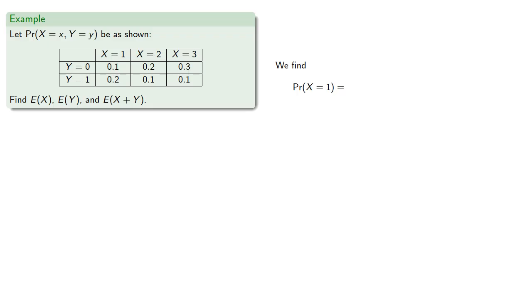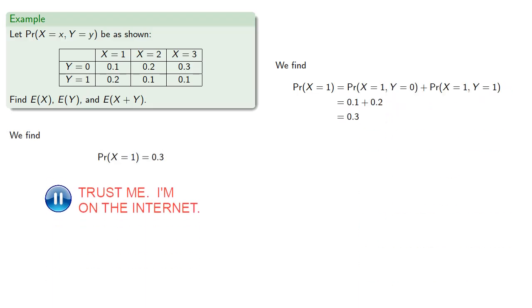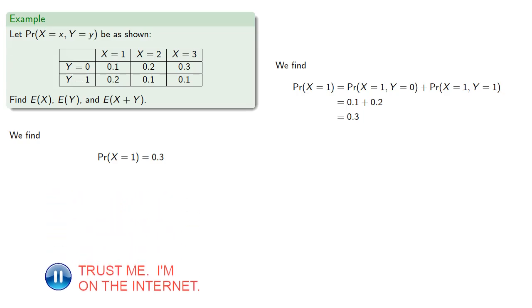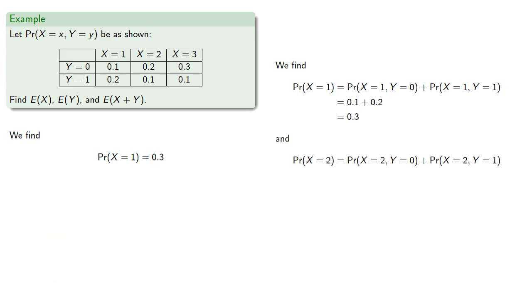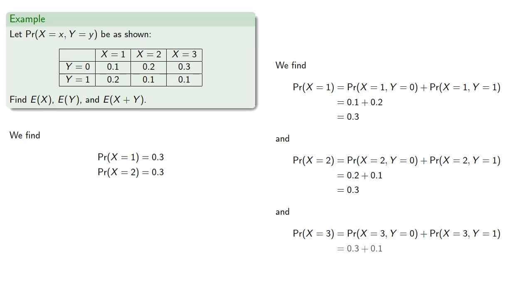And so those will be, and we find, for x equal 2, the outcomes that have x equal 2 are, and those probabilities give us, and for x equals 3, the outcomes that give us x equal to 3 are with probability. And we can use those to compute our expected value of x.